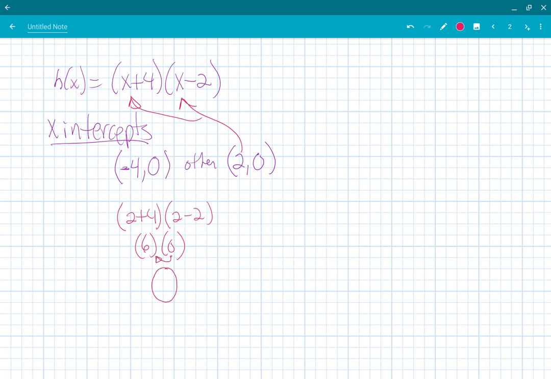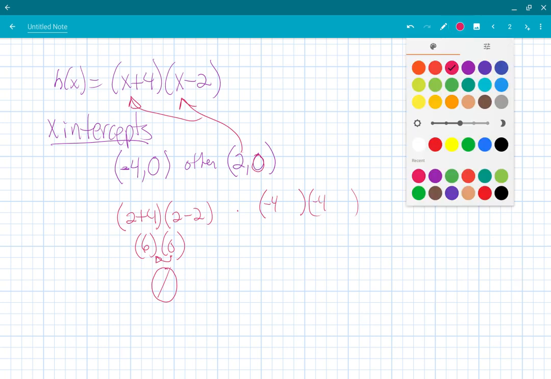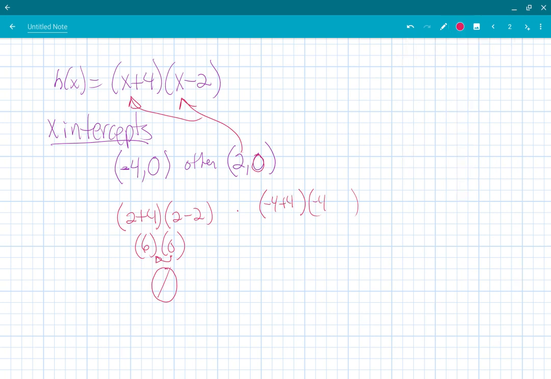It turns it into a 0. So that's how you get this one. How about the -4? How come the -4 is an x-intercept? Well, plug in -4 to both x's. All right. 4 minus 4 is 0. What is 0 times who cares?